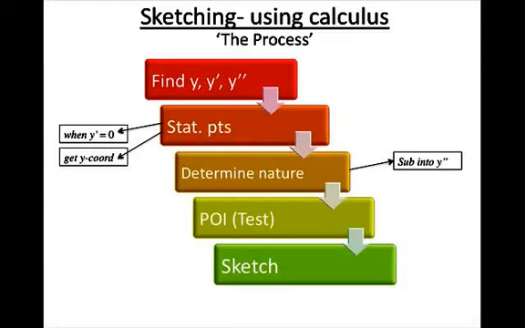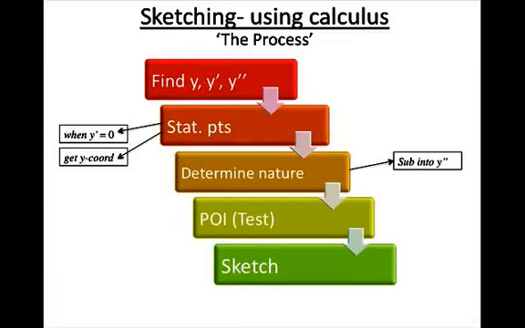If the value that you end up getting is positive, you say it's greater than 0, which means you're happy, which means it's a min. Less than 0 would be sad, which would be a max. So it's that logical flow. But if that isn't ringing a bell, go back and review the second derivatives lesson.